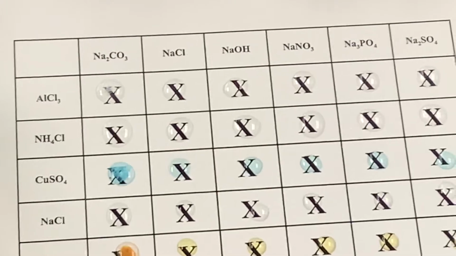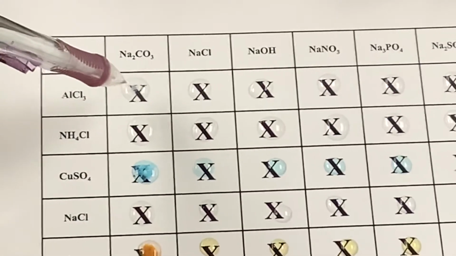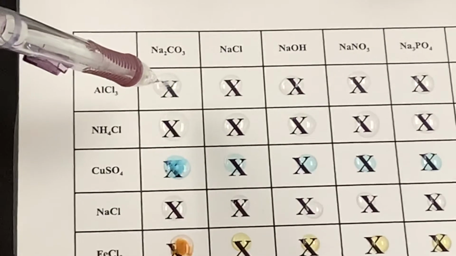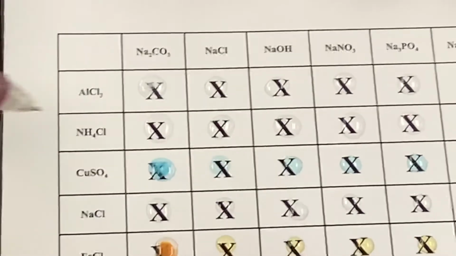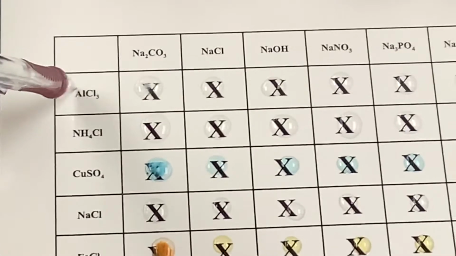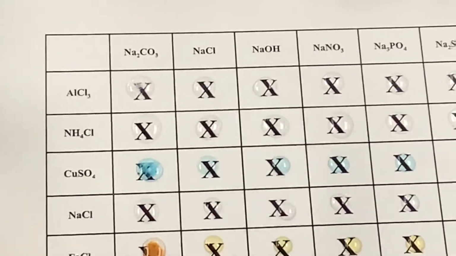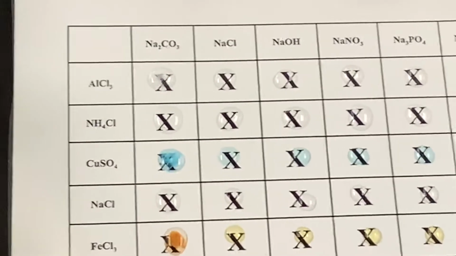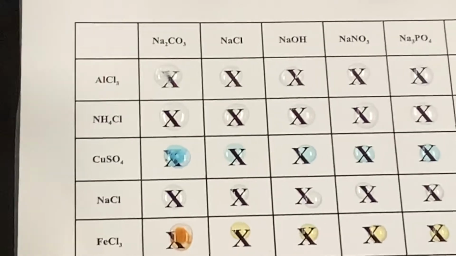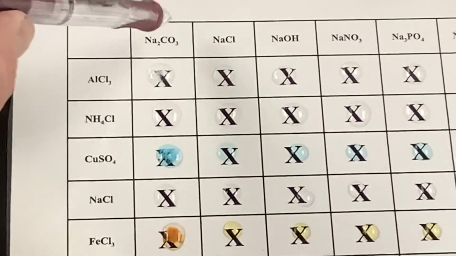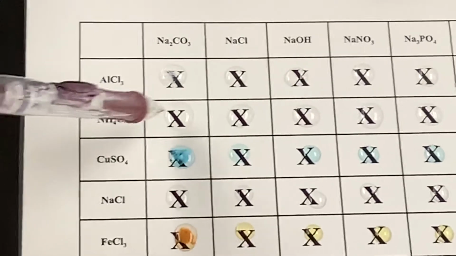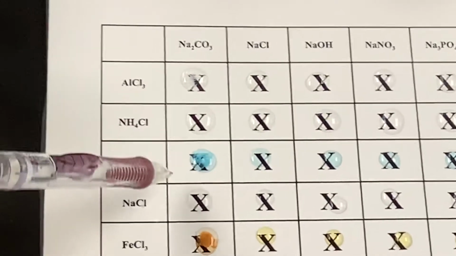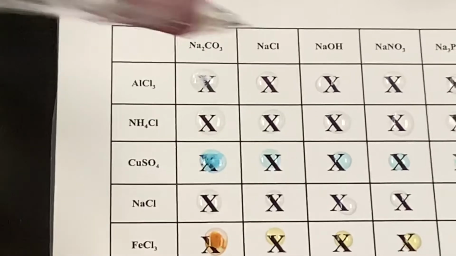We can see there's a spot here where the X has gotten very difficult to see. So it's forming what's known as a precipitate. Al combining with CO3 is a situation that does not like to dissolve, versus the NH4 with the CO3. We can see that the NH4 likes to dissolve. That X is still crystal clear, but in the next one it's getting a little bit foggy.